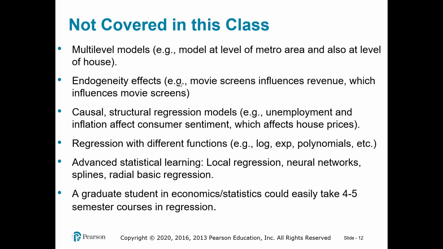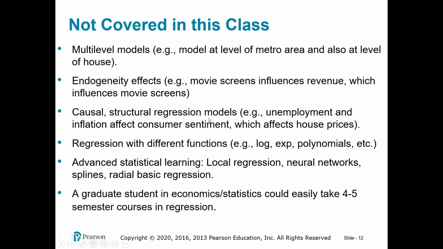Economists would do something called a two-stage least squares regression that will account for some of these effects. But in fact, the results are usually very similar to the simple regression, which we call ordinary least squares, that we cover in this class. So for business purposes, these regressions have very little difference from the general ones that you would create in this class.